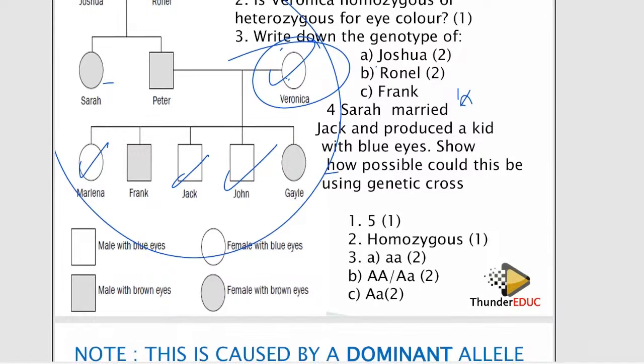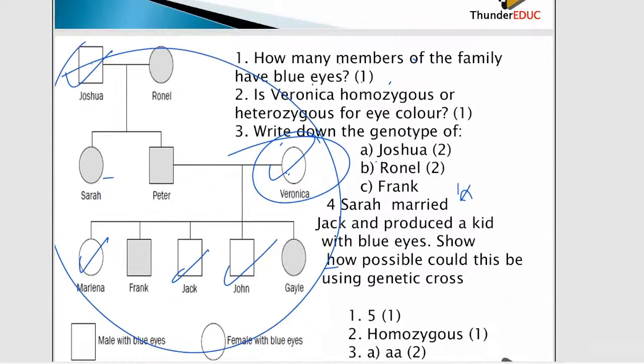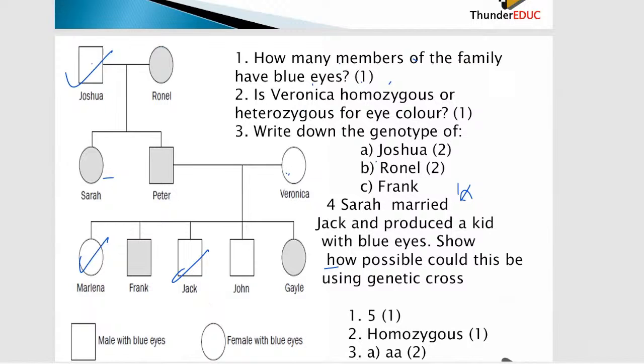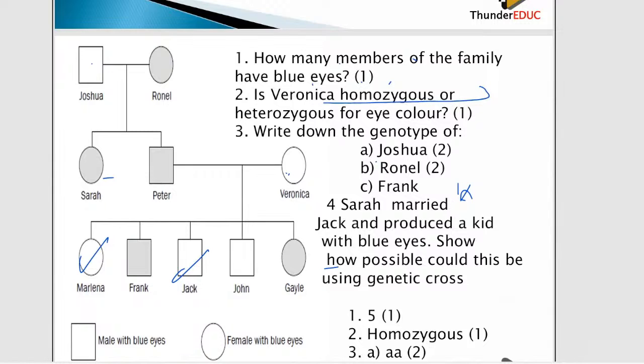Then it is asking: is Veronica homozygous or heterozygous for the eye color?